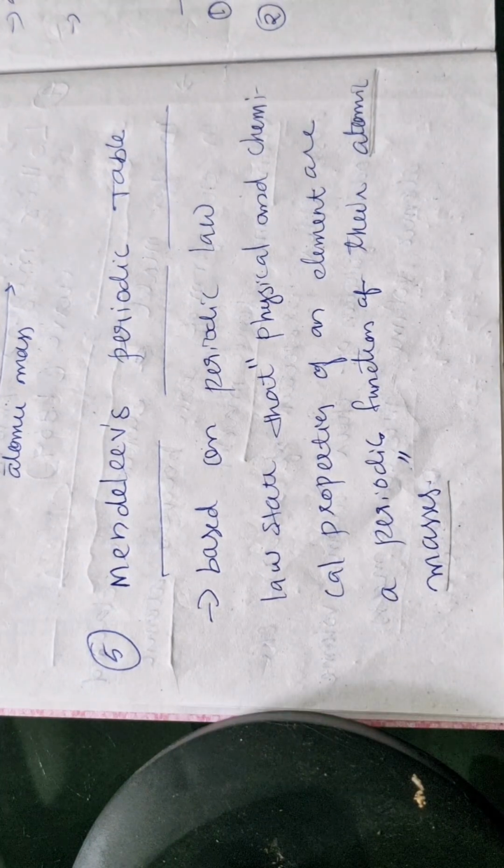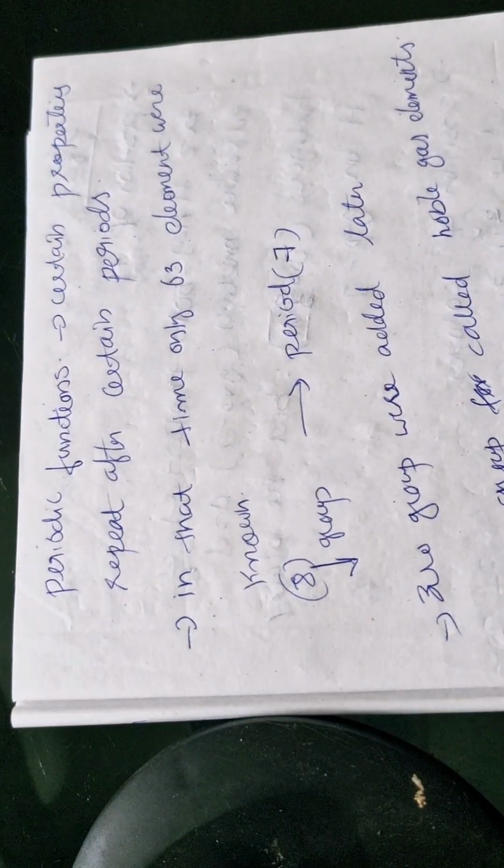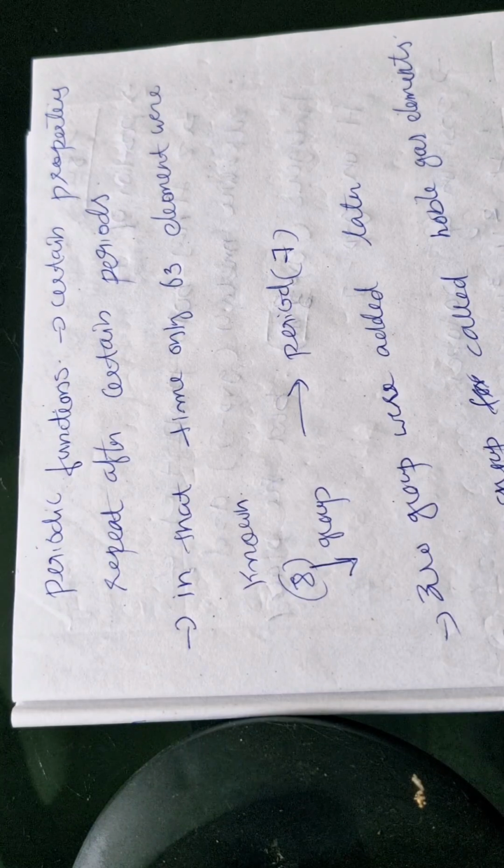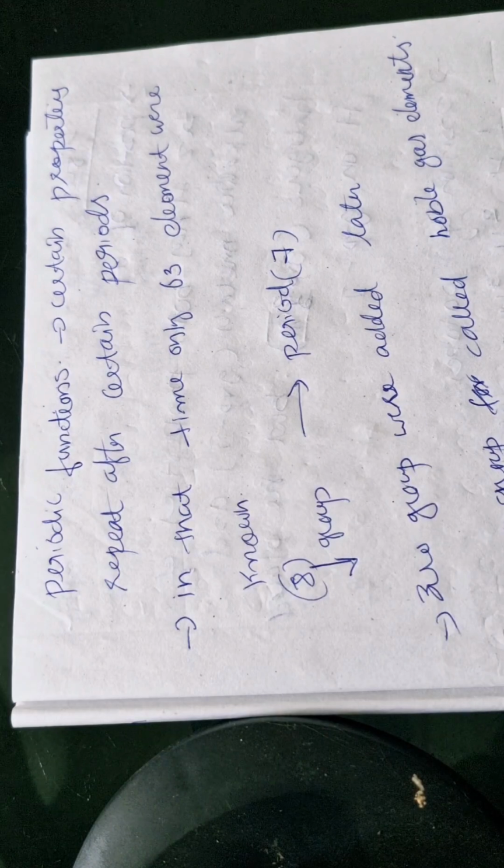Periodic function means certain properties repeat after certain periods. Today we know that alkali metals and noble gases have similar properties within their groups. So that is periodic function: certain properties repeat after certain periods.